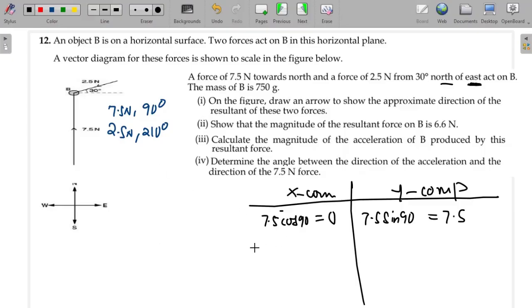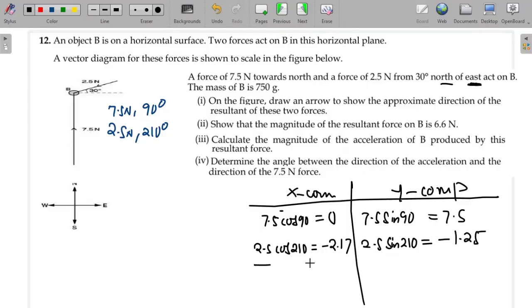The other one is 2.5 cos 210. That one is going to give me minus 2.17. And on the other side, it will be 2.5 sin 210, which will give me minus 1.25.